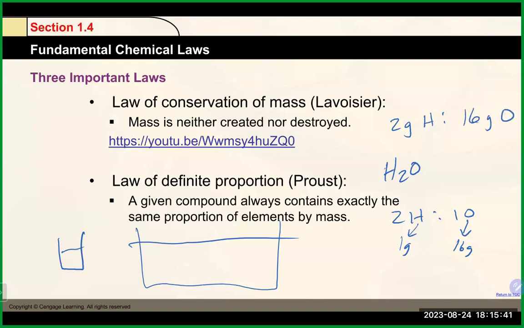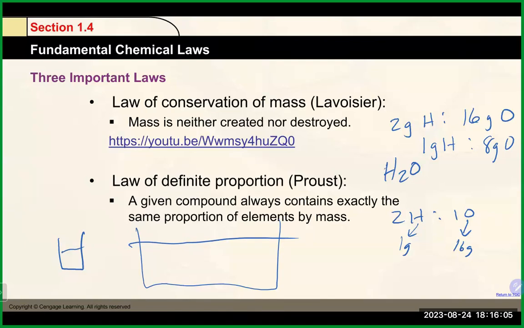If we reduce that down, that means that for every 1 gram of hydrogen, you have about 8 grams of oxygen. So no matter where you get it, no matter how it's derived, if it is fundamentally water, that is the ratio that you should always have in that particular substance.